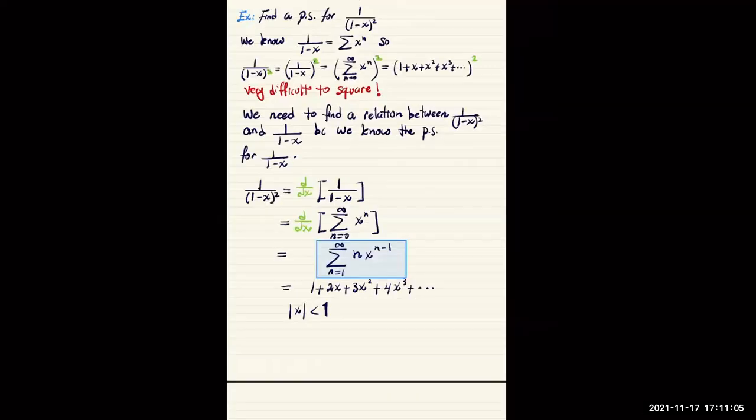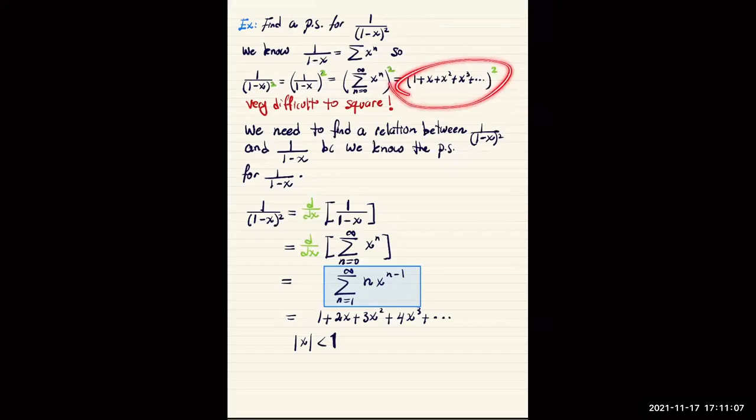If someone is asked to square this thing, and they can identify that as the square of this function, and they know the power series of that function, then they can come up with the power series of this whole thing, and it's that. So the square of that happens to be this infinitely long polynomial. But yeah, that's how you do it.